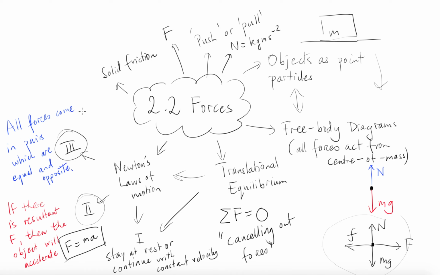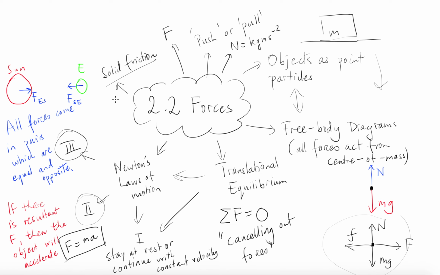For example, let's say this is the sun, and this is the earth. Then there's a force of the sun on the earth, FSE, but there's also a force of the earth on the sun, FES, and they are equal and opposite, and in this case they act at a distance.